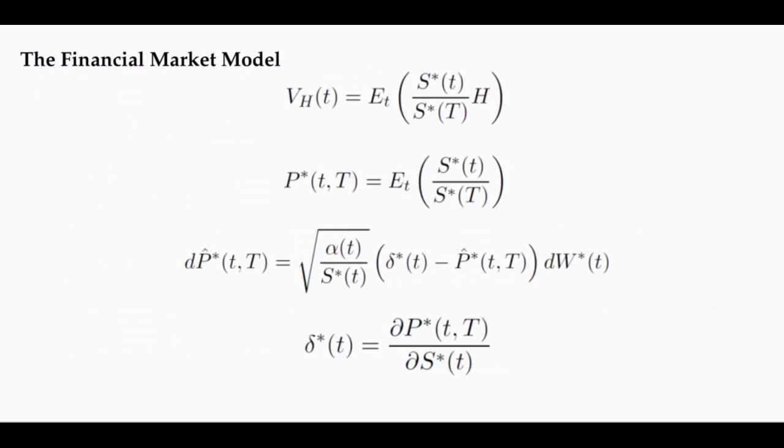So first we look at the financial market model where we have an insurance claim H, which is priced under this real-world pricing formula, given its current value as VH.